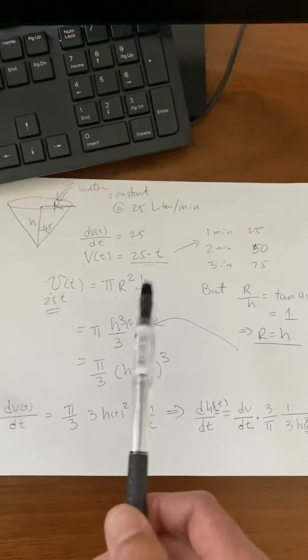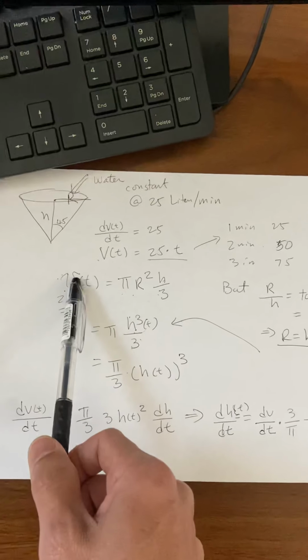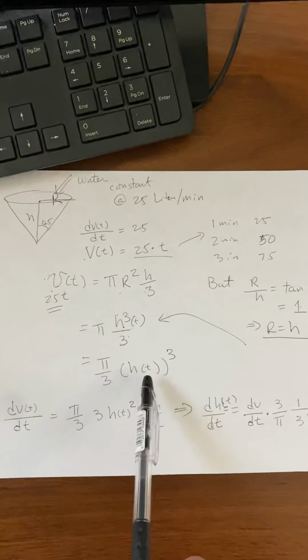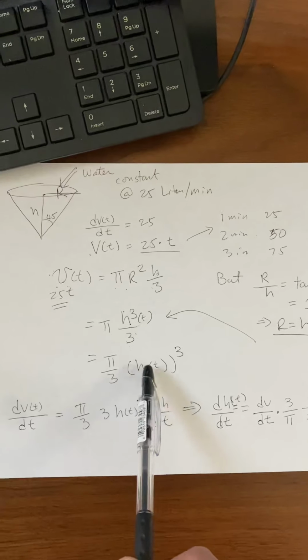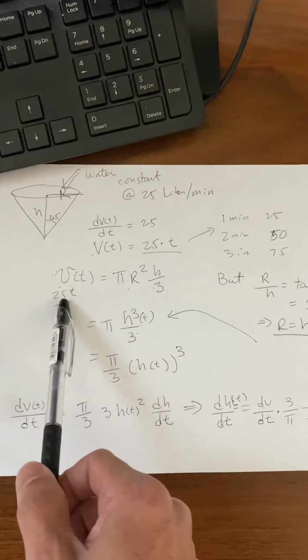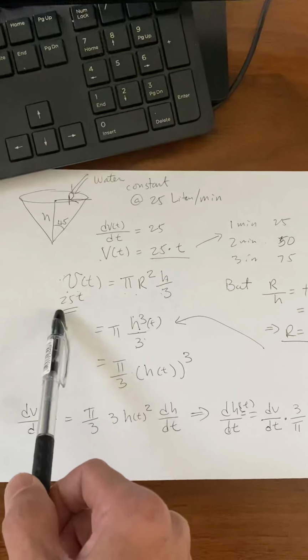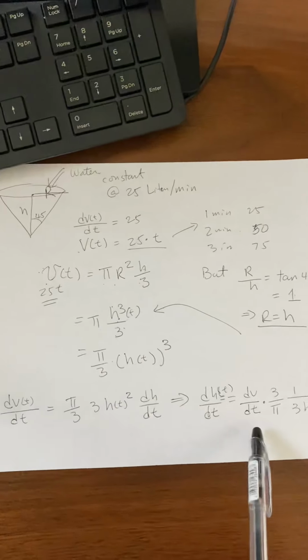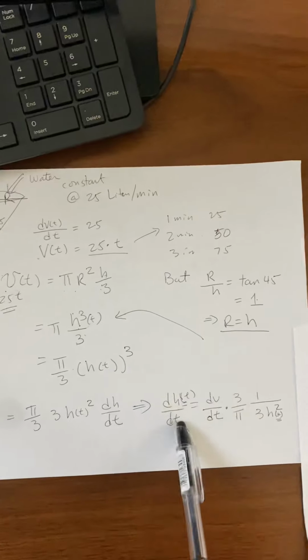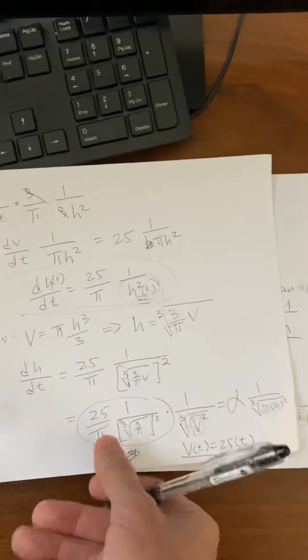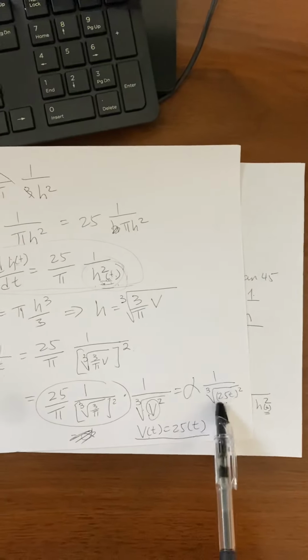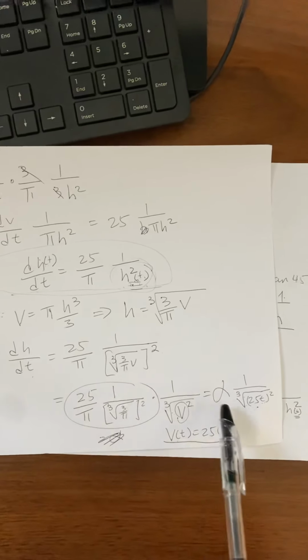So really, two important concepts: volume and the height at a given time. You know volume at a given time, you know the height at a given time, and you know that rate of change, which is constant, and you can solve for this equation.